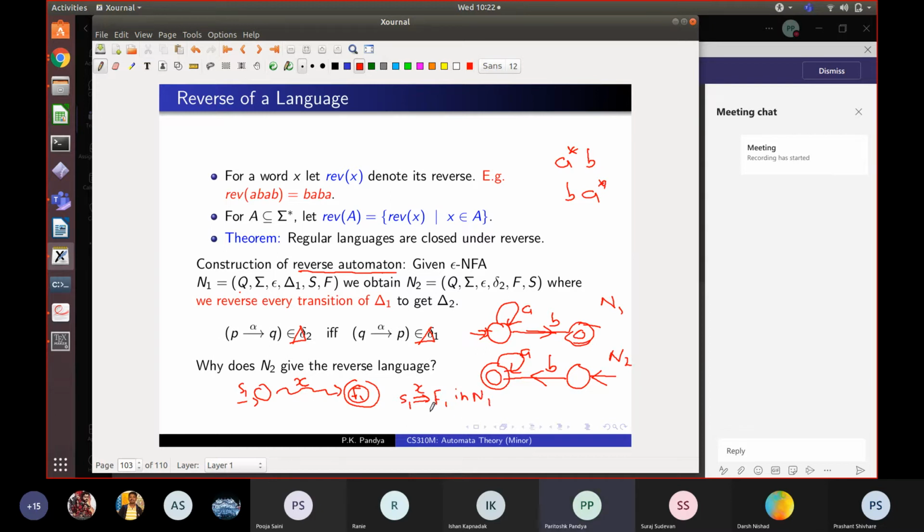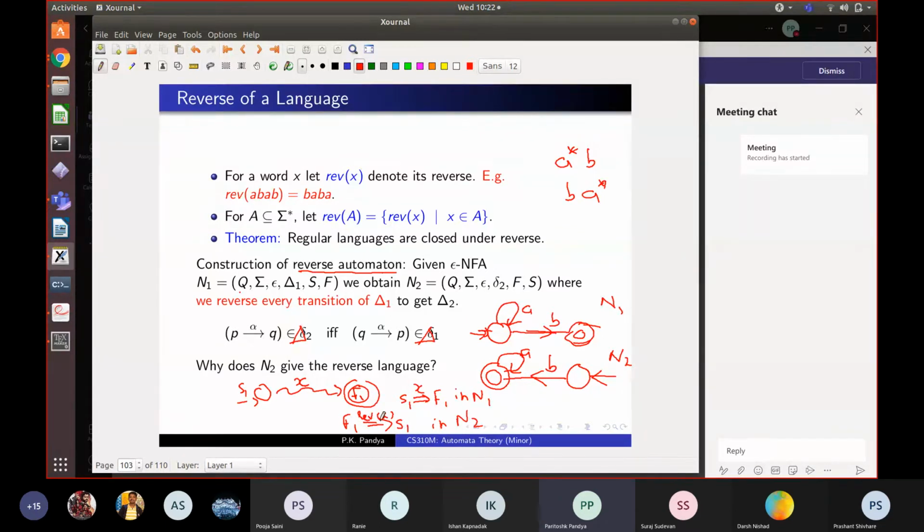If this is the case, because we have reversed every arrow and we have made this F1 the start state and this S1 a final state, I will have a run from F1 on reverse of X to S1 in my reversed automaton. I will just trace that path backwards, and that path is allowed in my N2 because I have reversed every arrow in N2. And remember, this is the initial state of N2, this is the final state of N2.